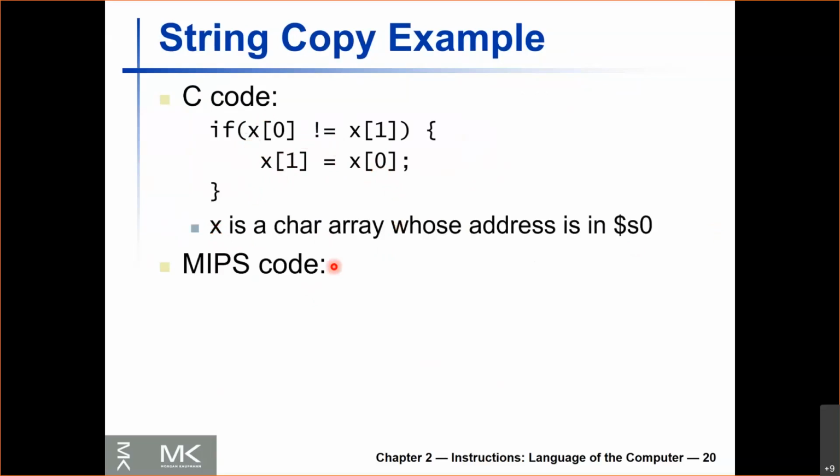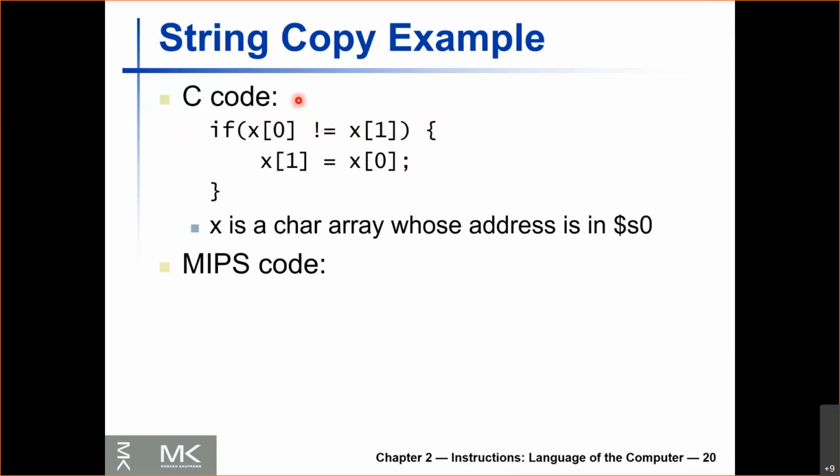What's the first thing I do over here? Right, the first thing I need to do is compare x[0] and x[1], but before I do that, I need to load these values, right?